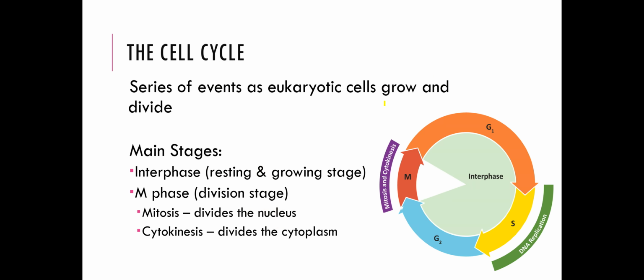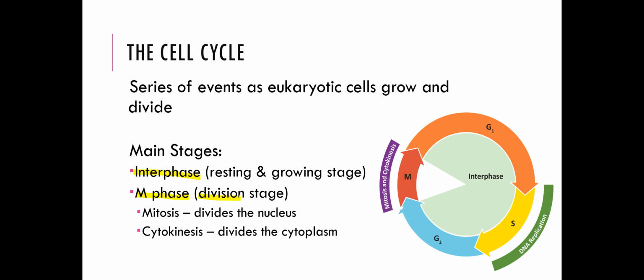All right, so now we're going to get into the details of the cell cycle, and this is really the main meat of our notes today: the cell cycle and how a cell grows and divides. There are two main stages. We can split it up into interphase, which is when the cell is resting and growing and getting ready to divide, and then we have the M phase. That can be a little bit deceiving because the M phase is all things division.